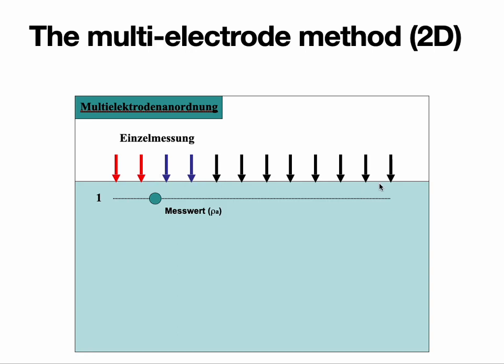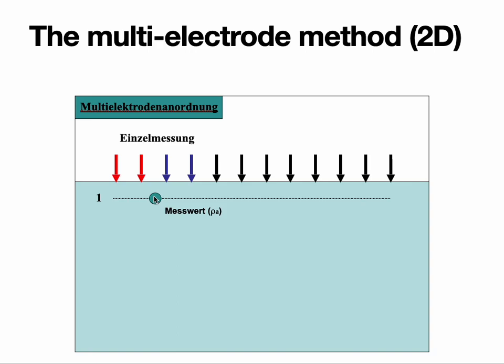The black ones are inactive in this example. If we do this type of measurement, now we can access and do one measurement of apparent resistivity associated to this distribution of electrodes.